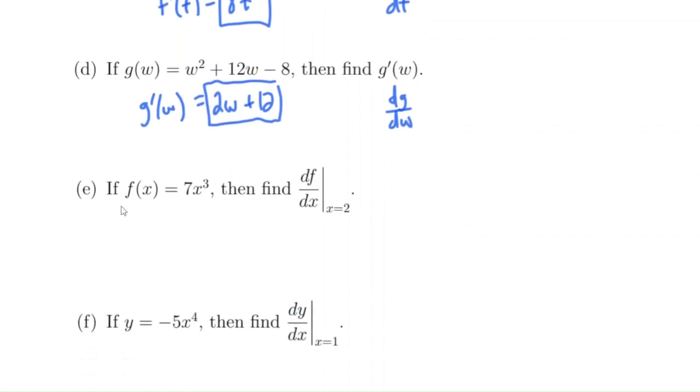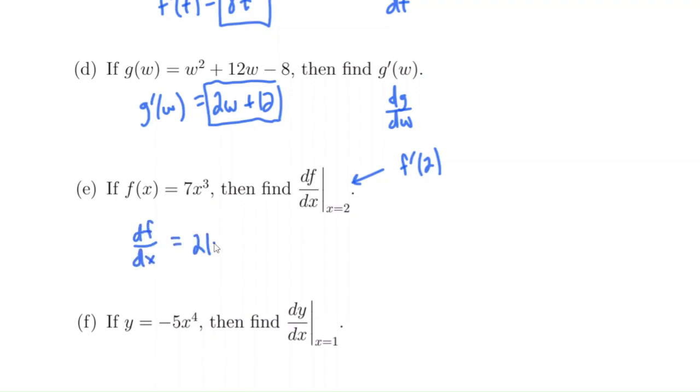Okay, what about this? If f of x is 7x cubed, what is df dx at x equals 2? Now, again, this is just another way of writing f prime of 2. So how do we find df dx at x equals 2? Well, first of all, what's df dx?